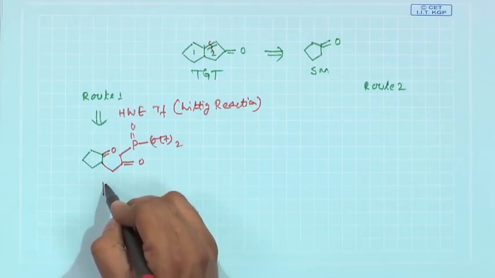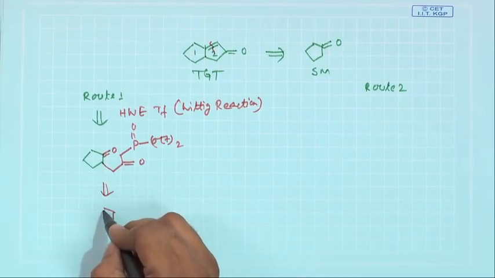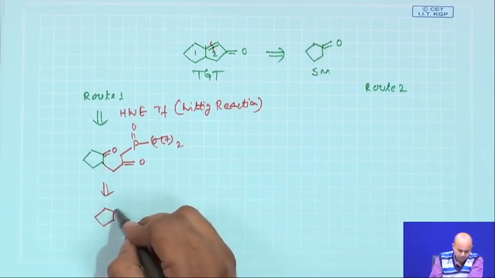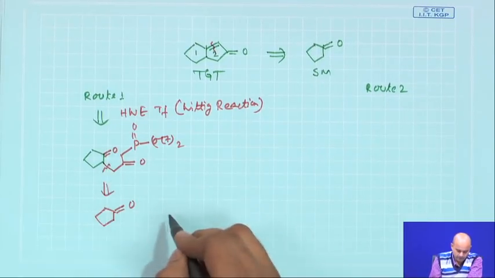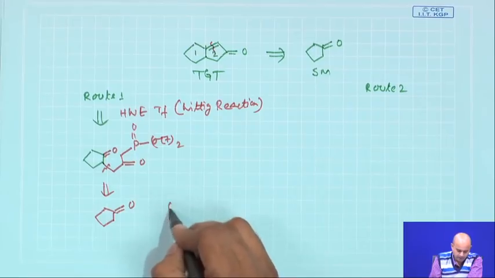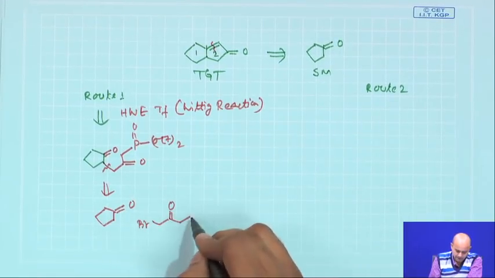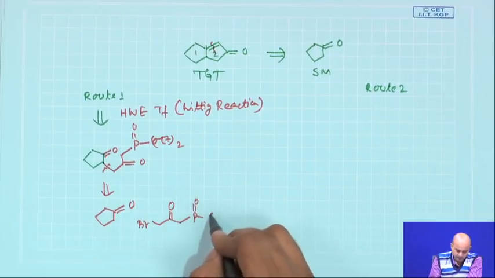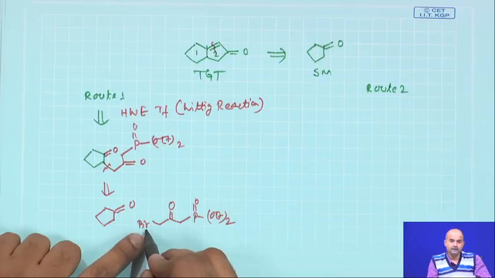Fine. Now, next we will again try to simplify the retro in this way, and now we say that if you have a compound like this, you can basically first do an alkylation with this electrophile.